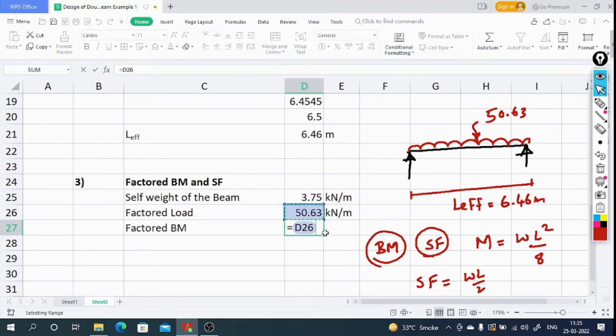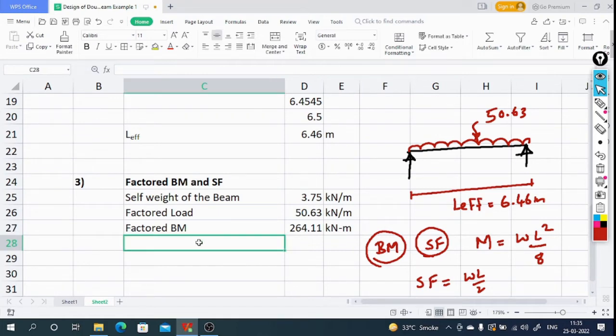W is 50.63 into L is 6.46 into 6.46, divided by 8. Here you are getting the maximum bending moment. The unit of the bending moment is kilonewton meter.